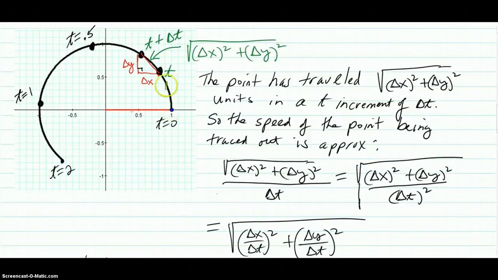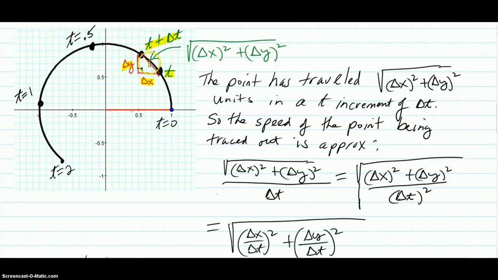Alright, so here's your curve that was the parameterization given earlier in this video. When you're at a t value, but you're moving to a t plus delta t value, then you have a change in x. In this case it would have been negative, because as you go from one point to another, you're going backwards with your x, but you're going up with your y, so the delta y would have been positive.